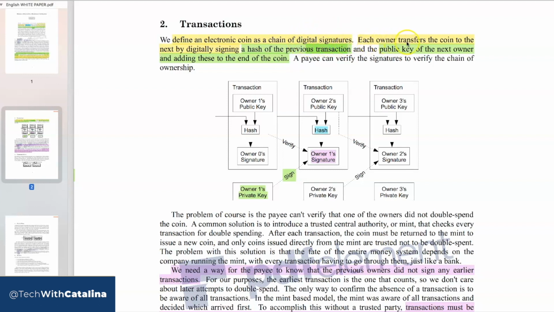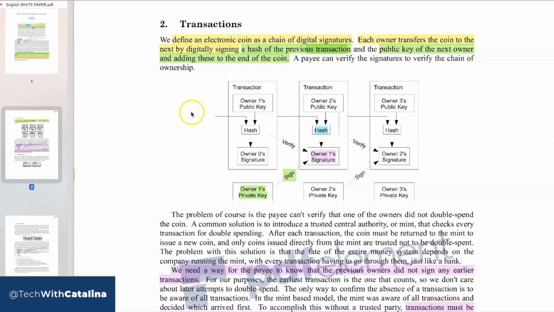Okay, each owner transfers the coin to the next by digitally signing a hash of the previous transaction and the public key of the next owner and adding this to the end of the coin. A payee can verify the signature to verify the chain of ownership.